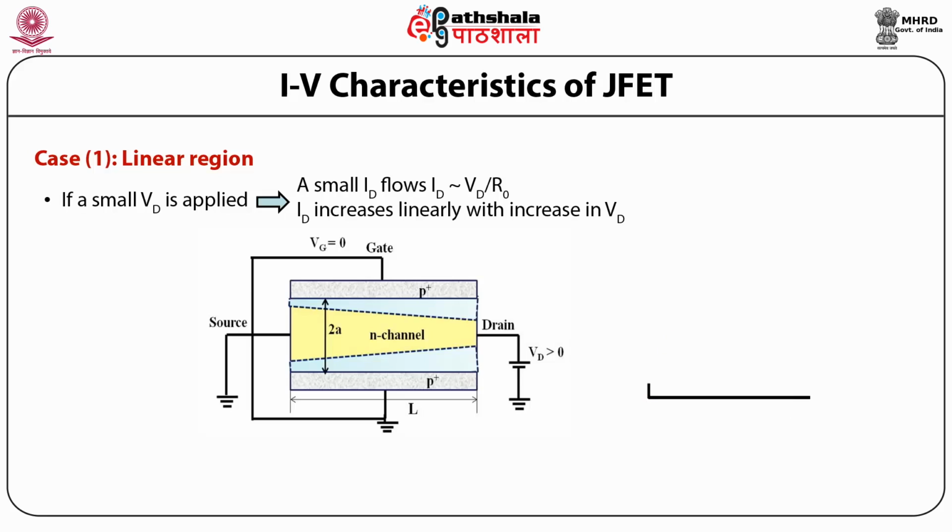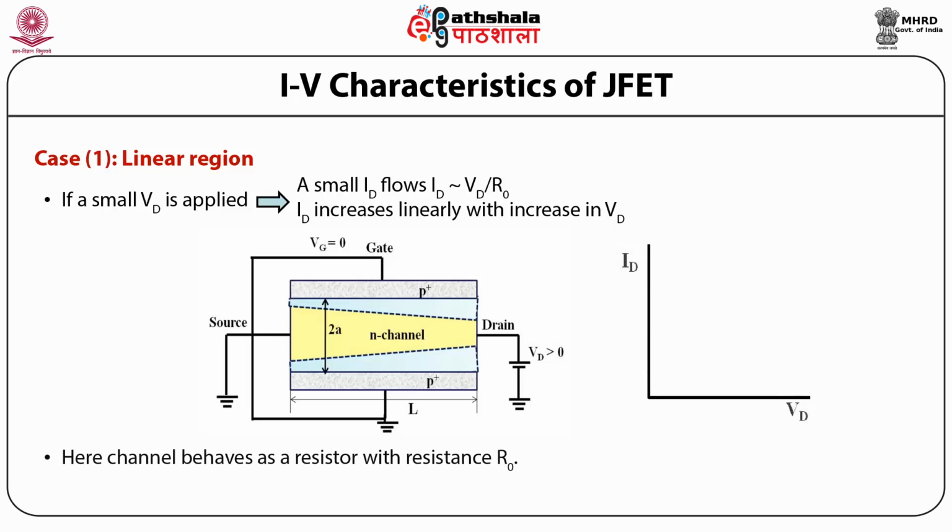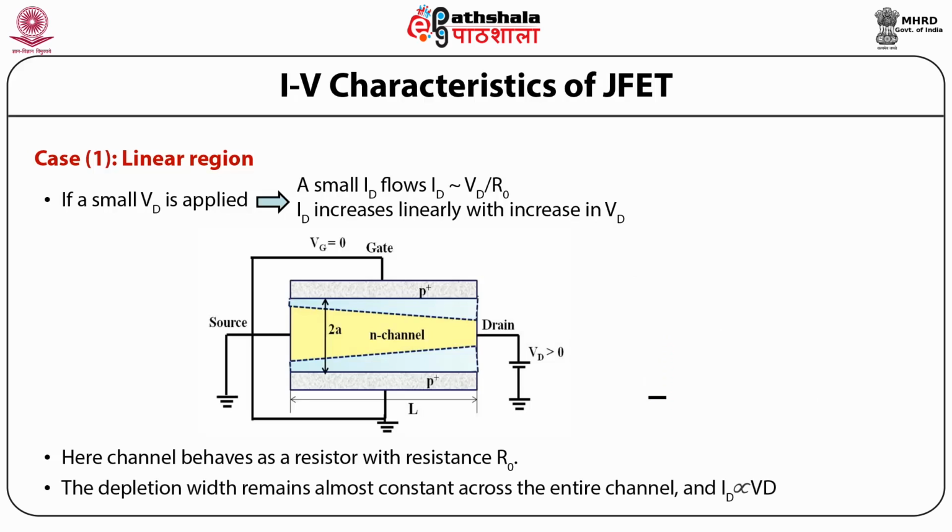That is, ID increases linearly with increase in VD. This indicates that here the channel behaves as a resistor with resistance R0 and the depletion width remains almost constant across the entire channel.